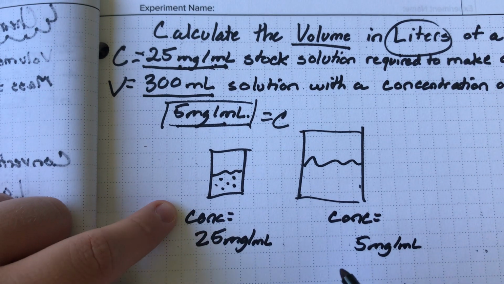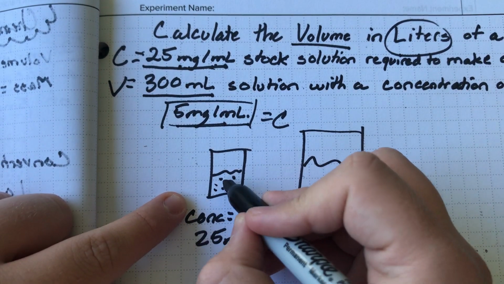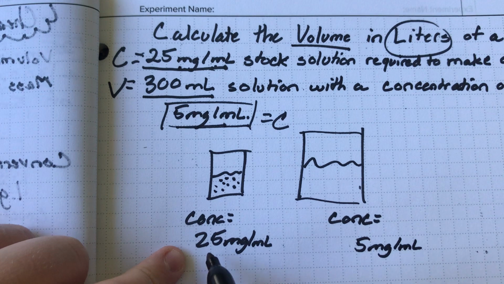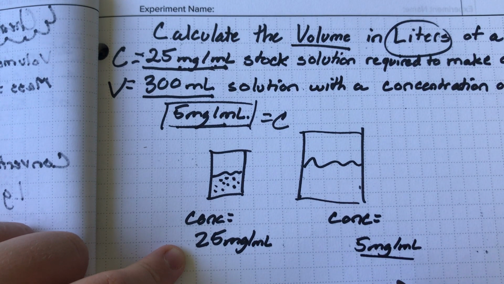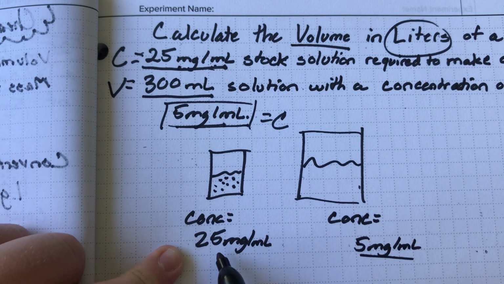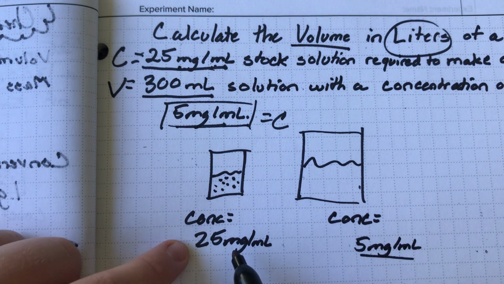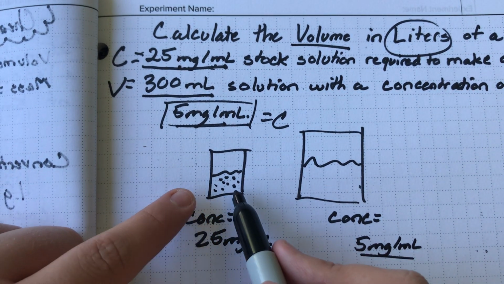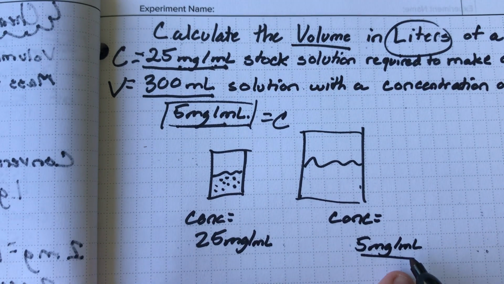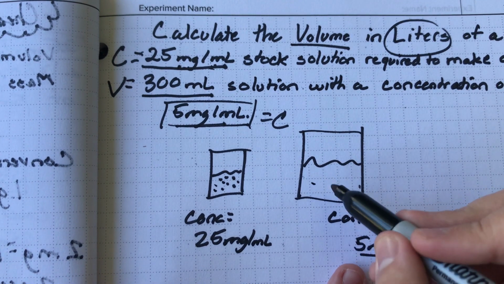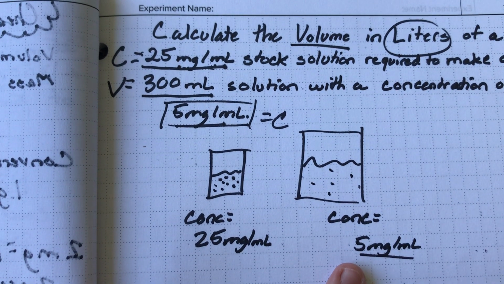So, this one is going to have a lot of stuff in it because it's 25, and 25 is bigger than the 5 here. Like if you had 25% of stuff in a juice box, there'd be a lot of stuff in it, but if you only had 5, it's going to be a smaller amount. So we're going to add a little bit of stuff in here, like that much, and that's it.